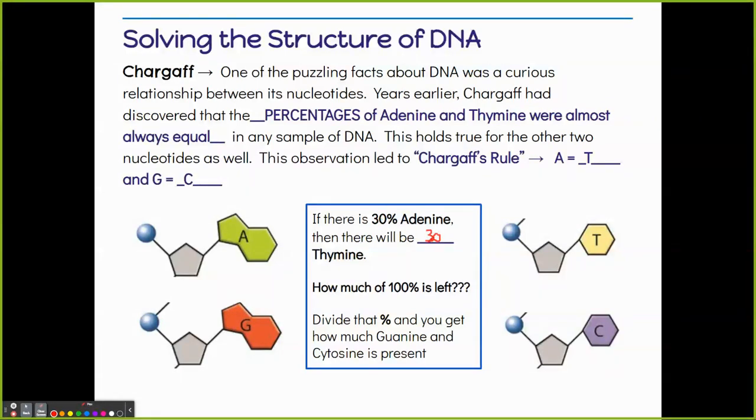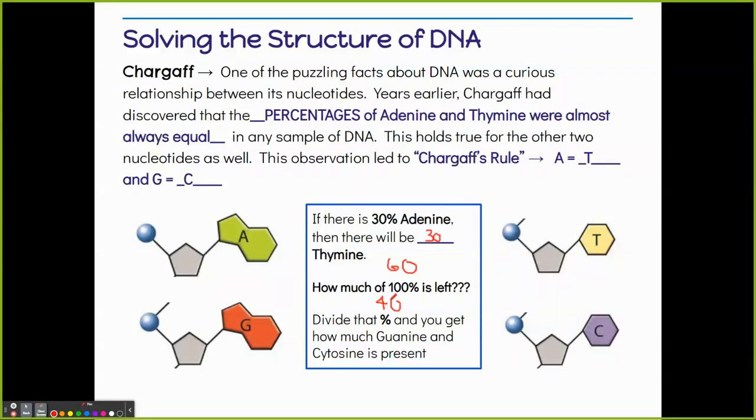All right, so if I have 30 and 30, how much of my 100% is left? 30 plus 30 is what? 60. So if there's 60% that I know of already, how much of my 100% is left over? 40.